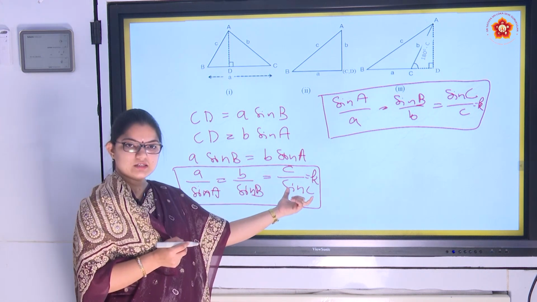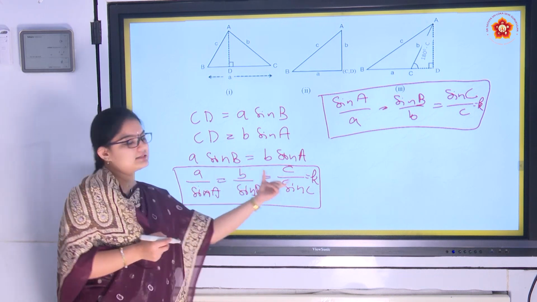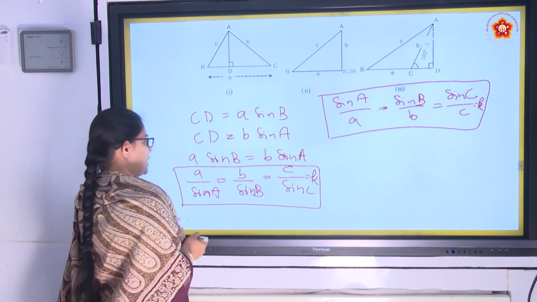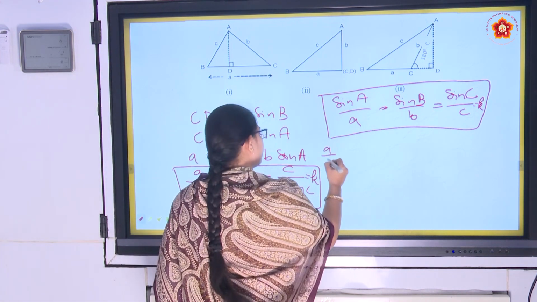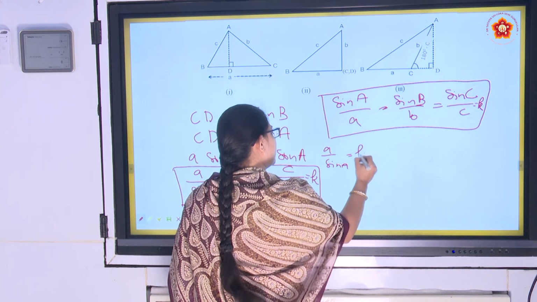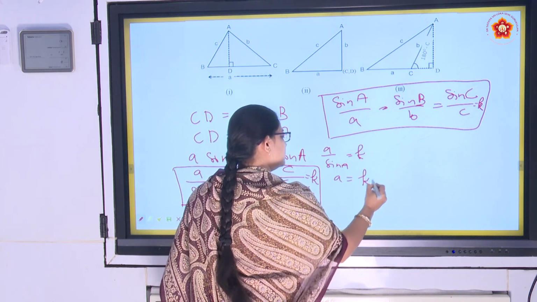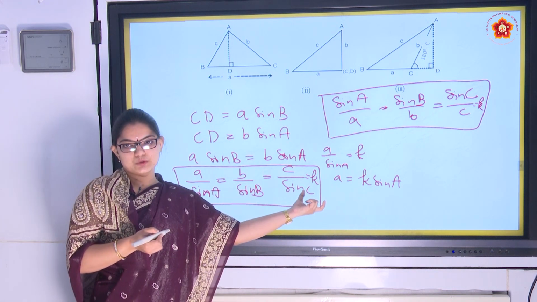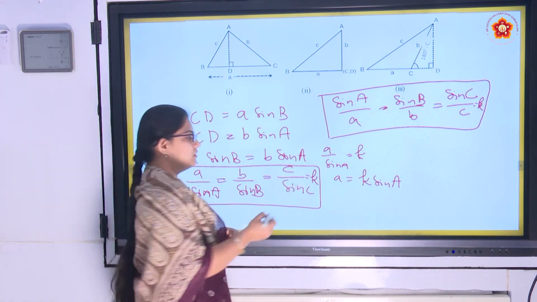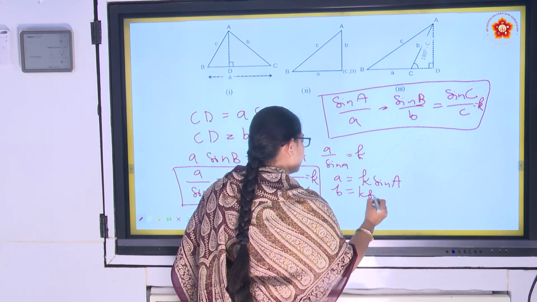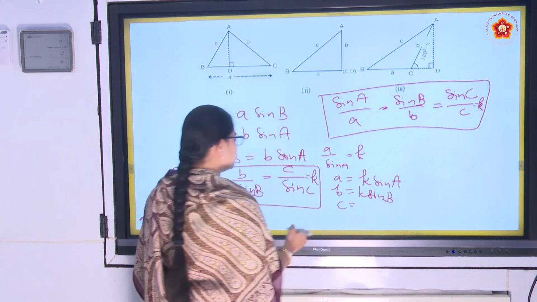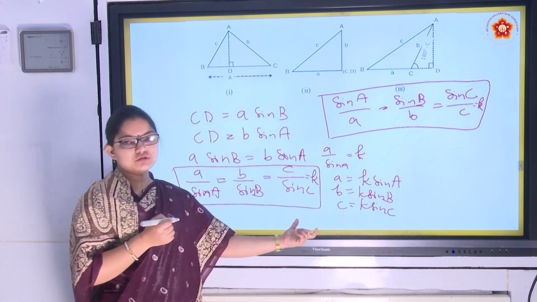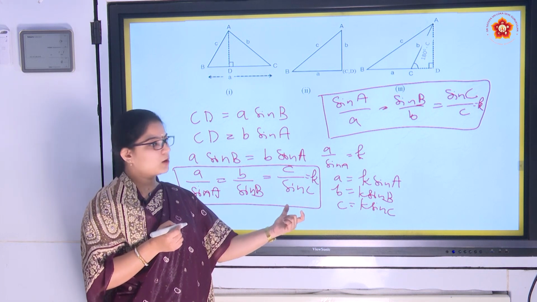So if I take this as K, that is, A by sine A is equal to K, I can write what A is: A is equal to K sine A. Similarly, B by sine B is equal to K, so B is equal to K sine B. Similarly, C is equal to K sine C. This we are going to use while solving the problems.